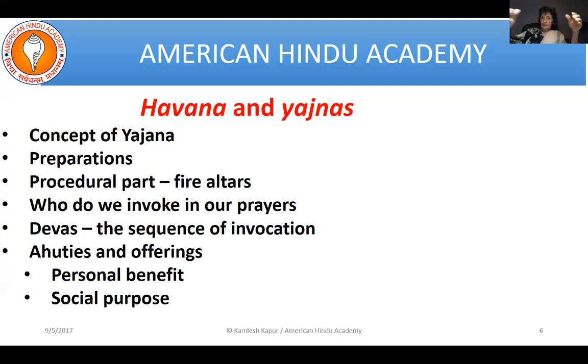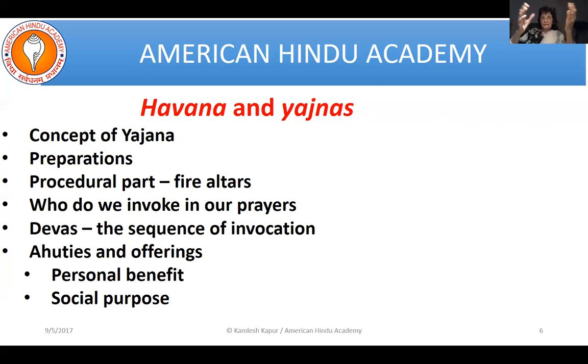So the fire altar is prepared, and that fire altar represents 5 elements. The bottom one is Prithvi, earth, and then the next one is water, and then fire, and then air, and the fifth one is open, and the smoke and the fragrance goes up through the space.